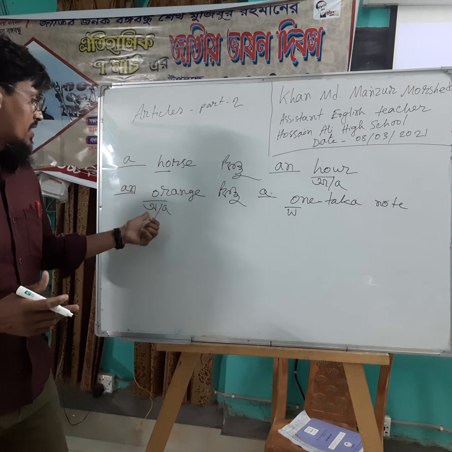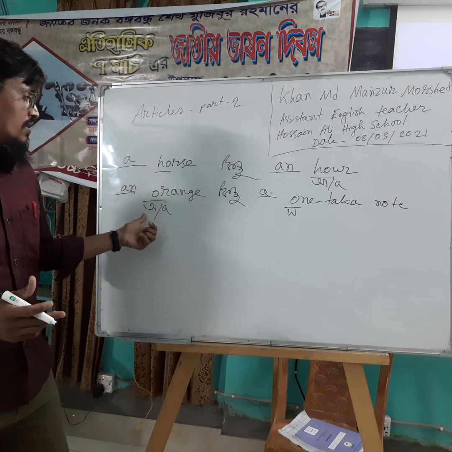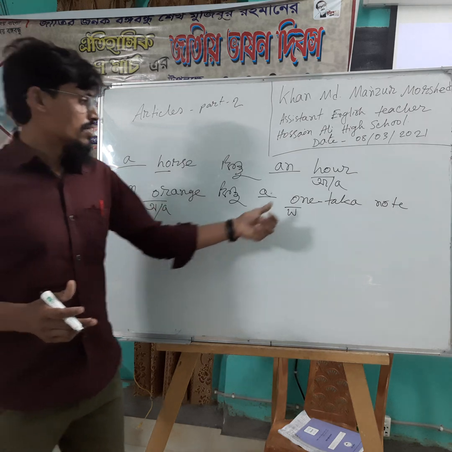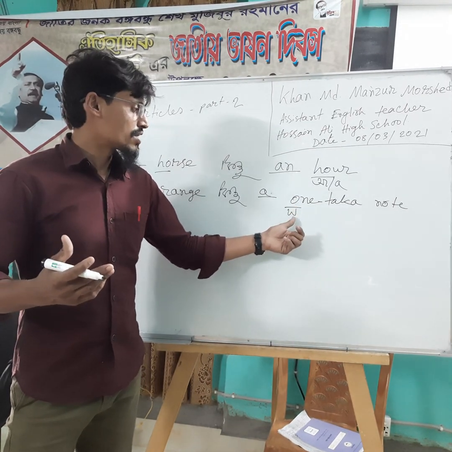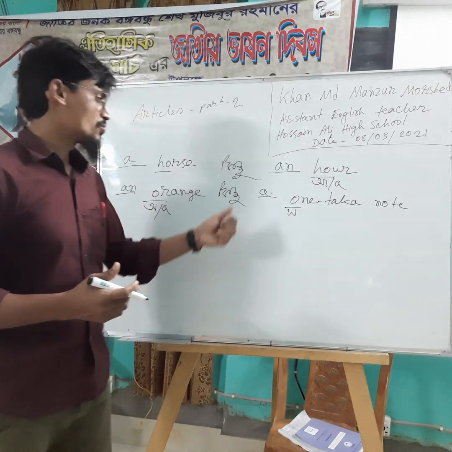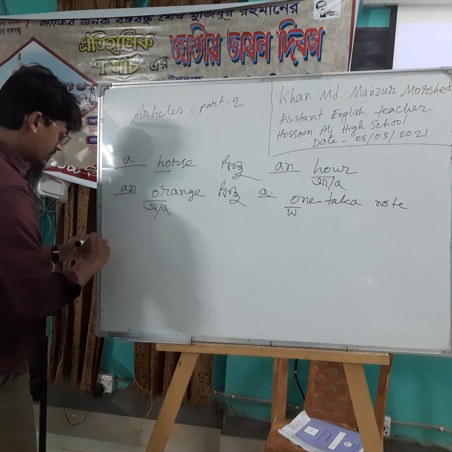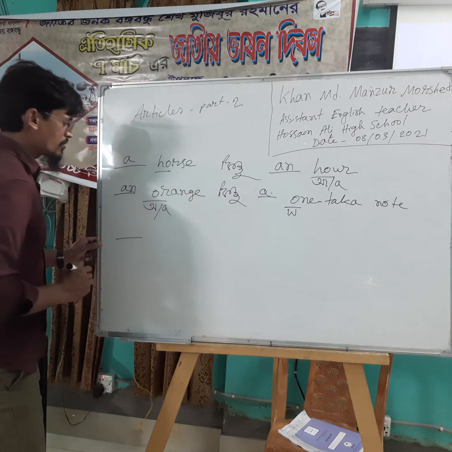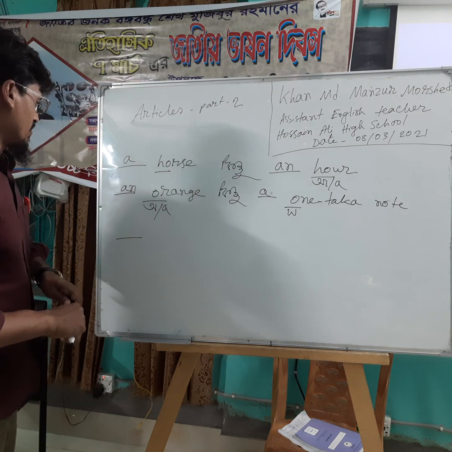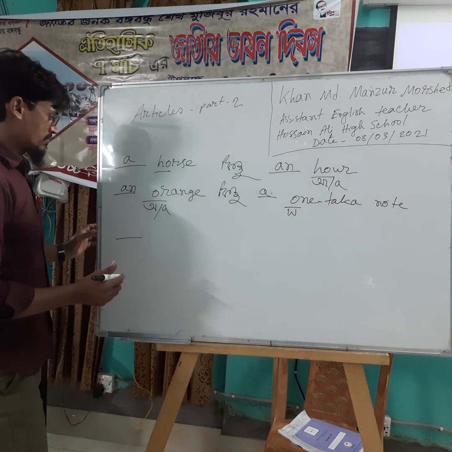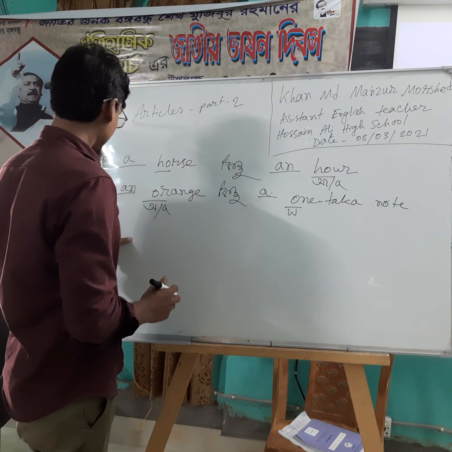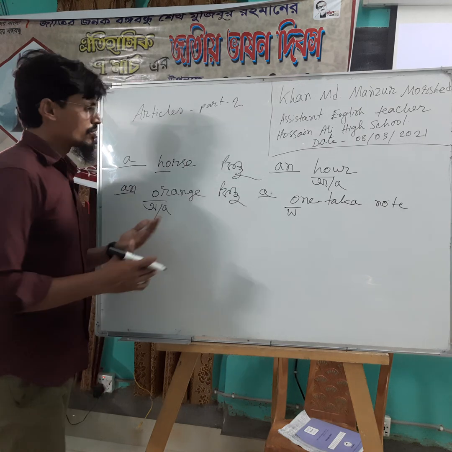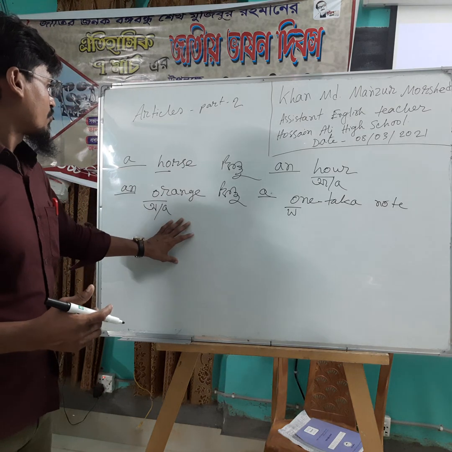Because orange sounds like a vowel, we use N, but though there is a vowel O in one, when it is pronounced, it sounds like W consonant, so we use A. Another example we can write here. So there are many examples we can get.